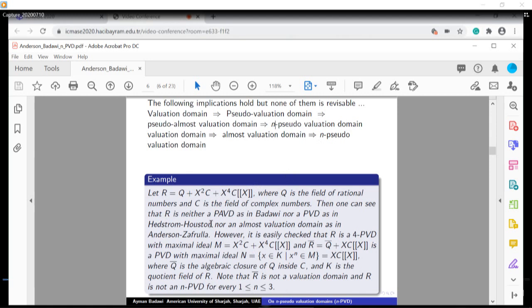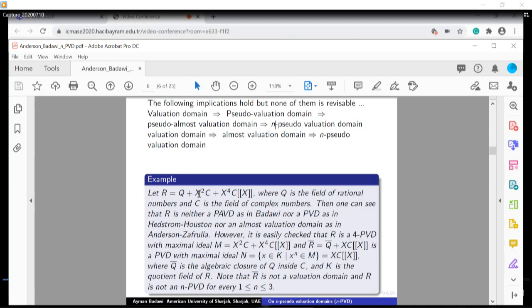And here is the example. The example is to take R to be Q plus a power series ring. You know, Q is the field of rational numbers, and C is the complex numbers. This ring is a subring of the power series ring C double bracket X. You can think of R as a subring of C double bracket X where we want the constant term to be rational.